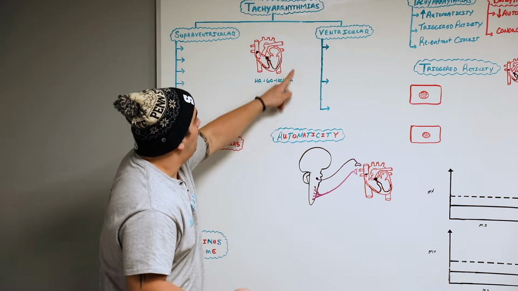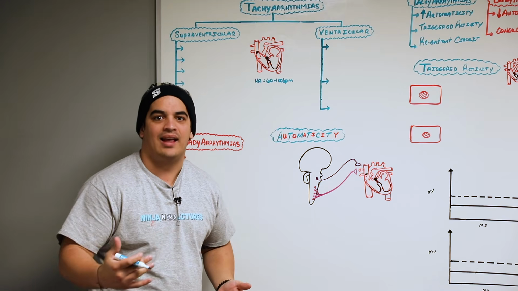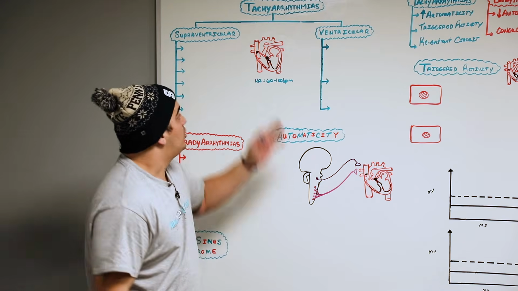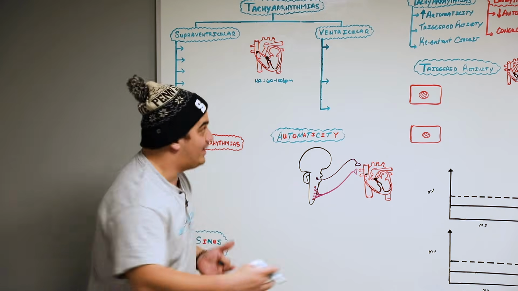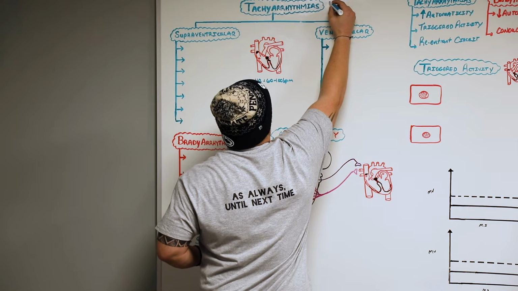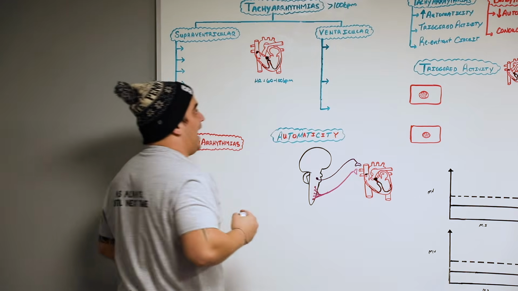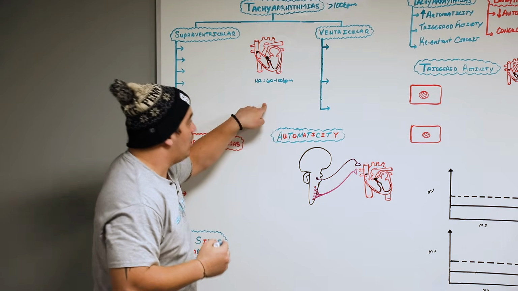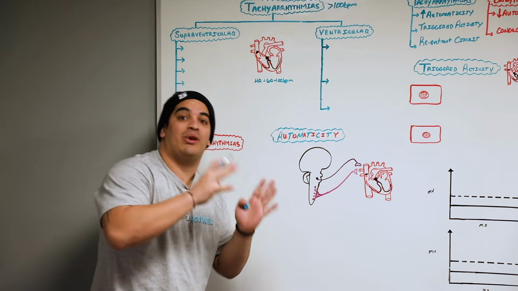If you go above 100 beats per minute, that's abnormal. You're going too fast. How do we define that? Tachycardia. So we can say a tachyarrhythmia is when there is an abnormal rate, greater than 100 beats per minute. When we go too slow, lower than 60 beats per minute, that's bradycardia.